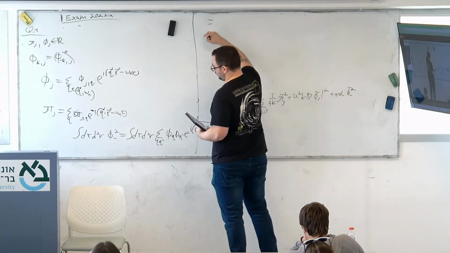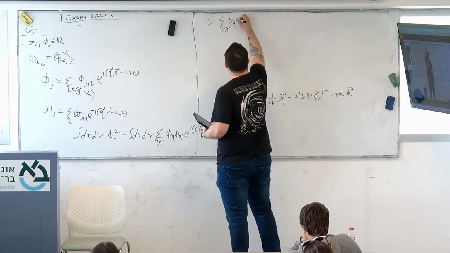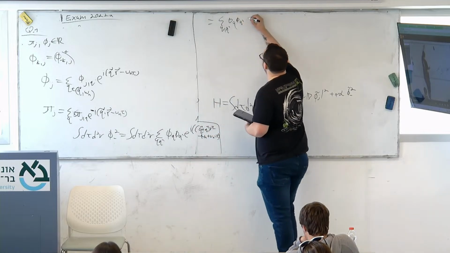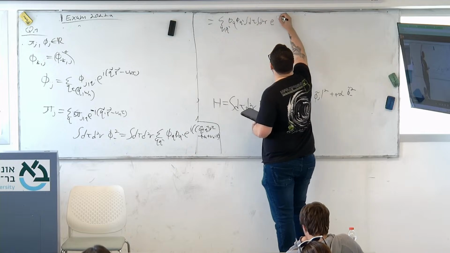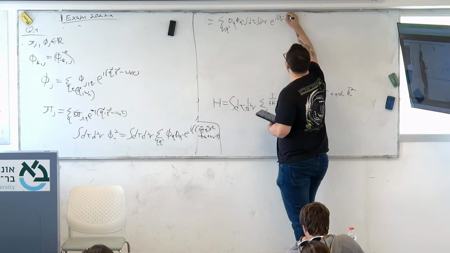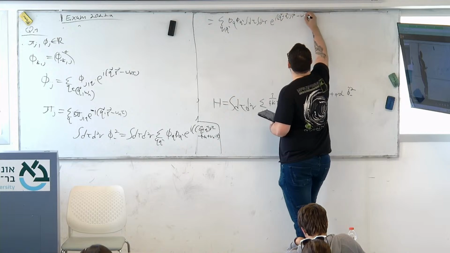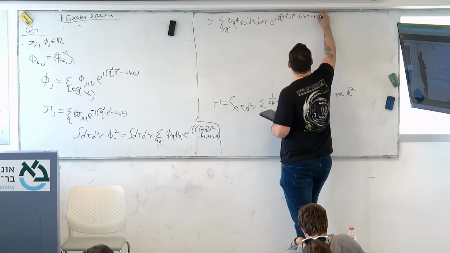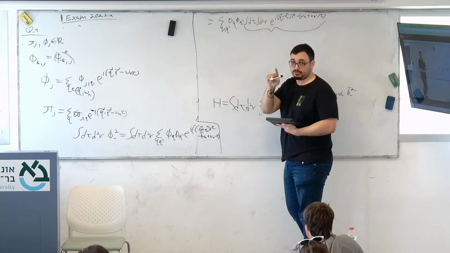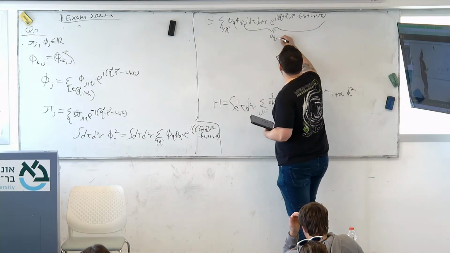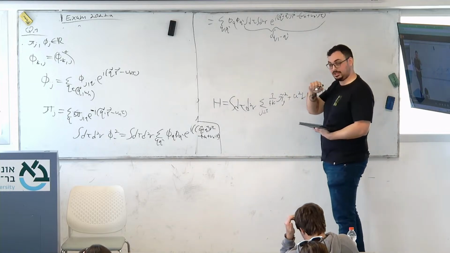So this is equal to the sum over q tag of phi(q tag), integral over tau, integral d^2r e^{i(q+q tag)·r - (omega_n + omega tag) tau}, which of course you all already know. This one is equal to delta(q - q tag). You know this.